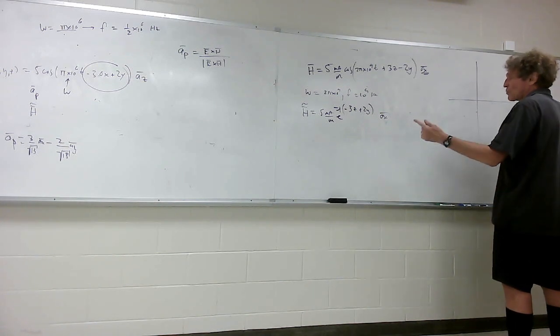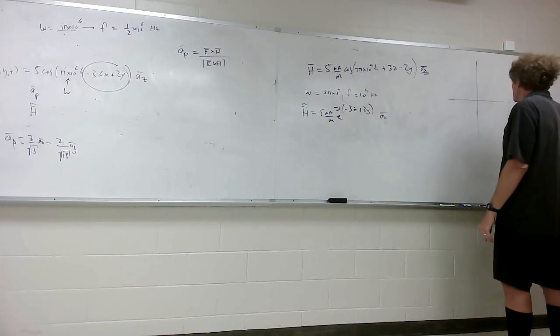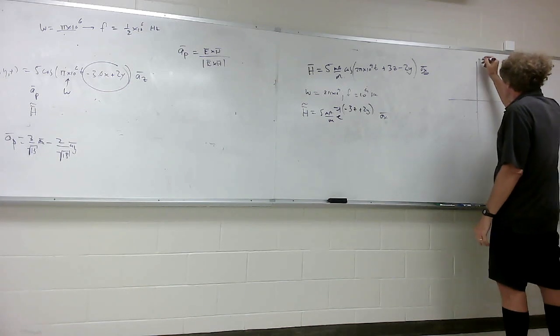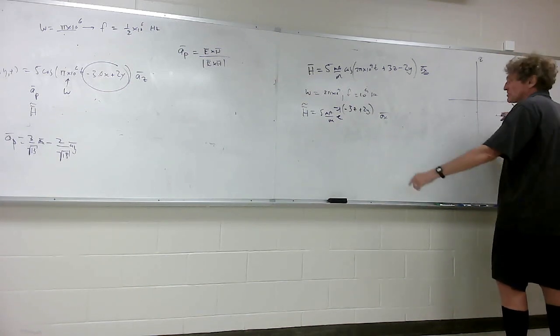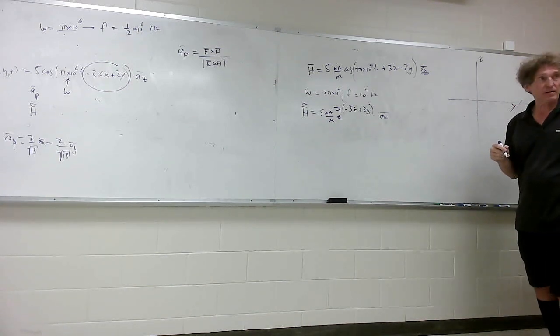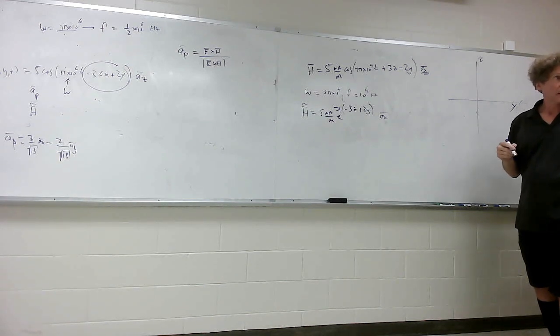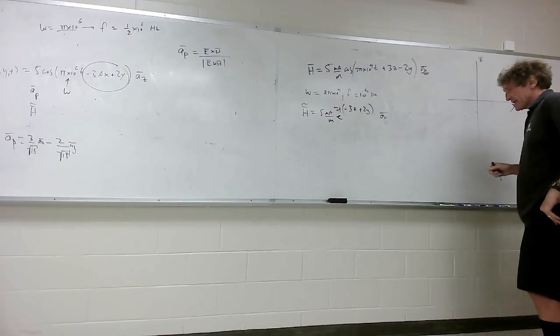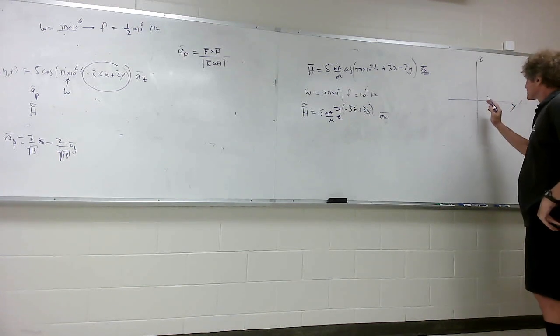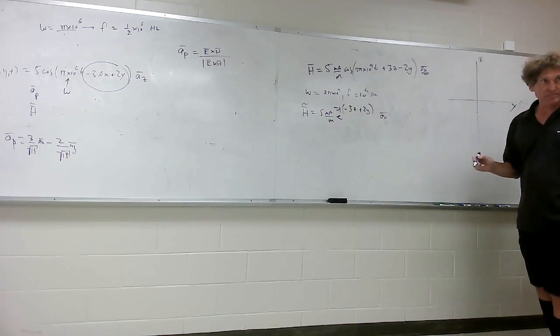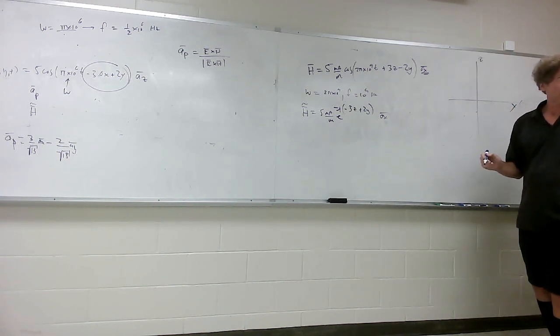Well, I've got y and z, so I'll put y here and I'll put z here. That's the variation. We know that's spatially varying in y and z, right? With me? If you want, I could put x, y, and z out on the board, but I'm just doing it this way. I hope you can all follow me.